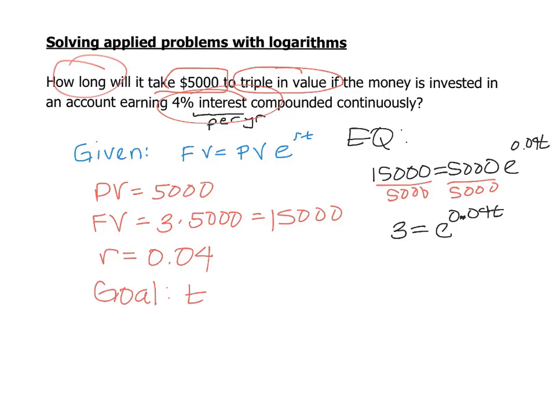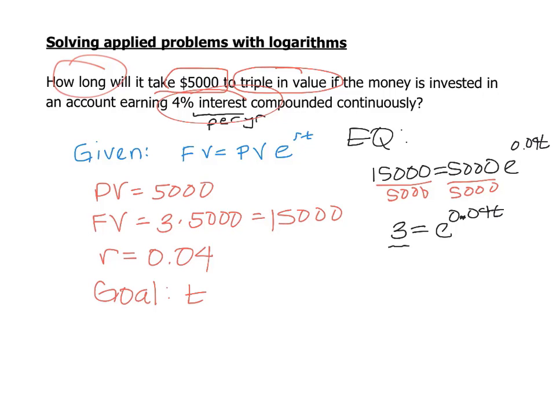Now one thing you might not realize right now, but it's going to come in handy later, is it actually doesn't matter how much we start with. We could start with 1,000 and triple to get 3,000, or we could start with 1,000,000 and triple to get 3,000,000. The time is going to be the same. What's important here is that we end up with 3.